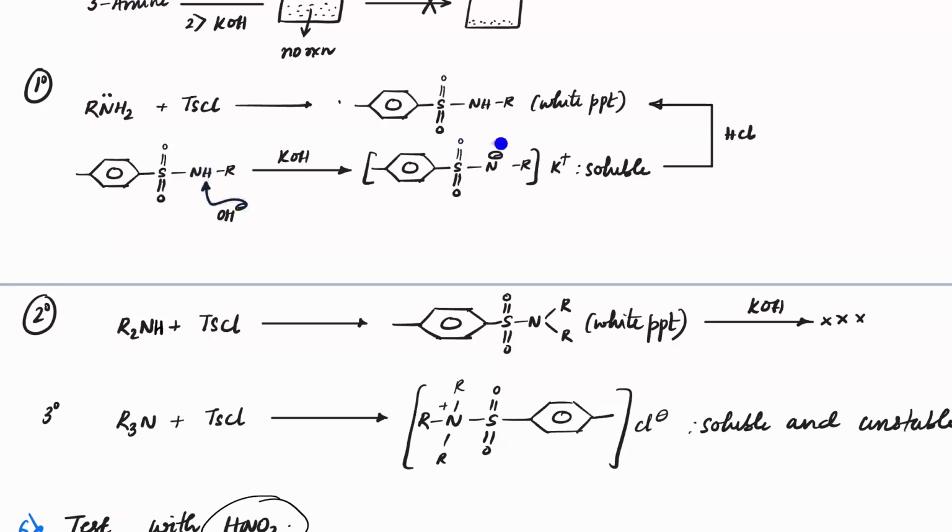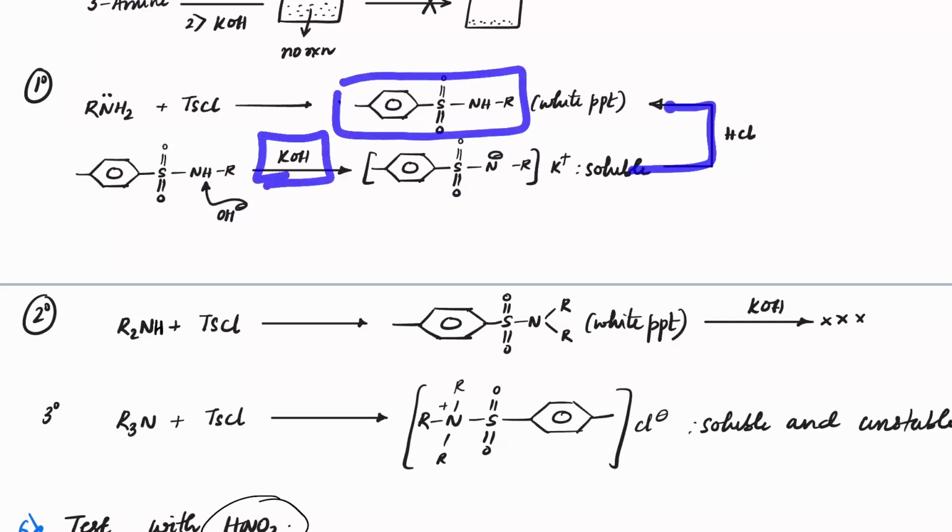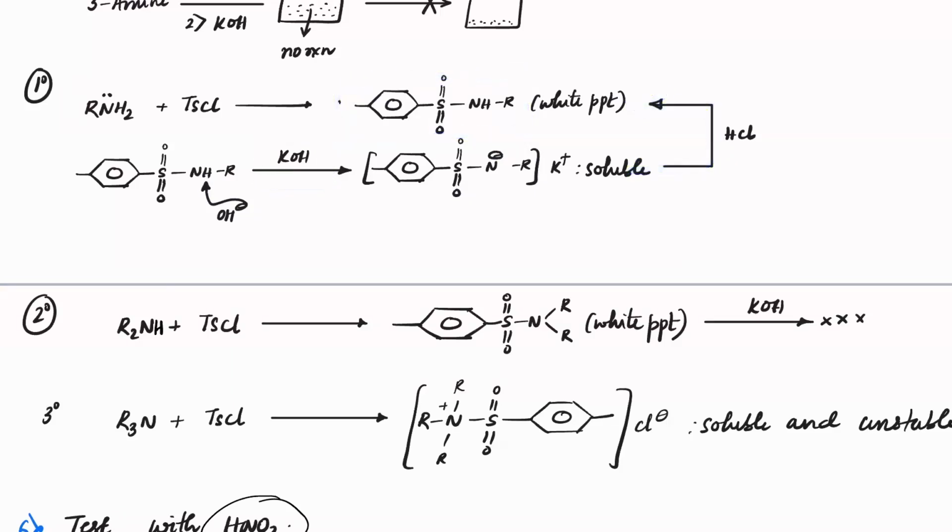You will get a negative charge on it, and K plus. So this becomes a soluble form. That is the reason why this salt gets dissolved. And again, when you add HCl, it will regain the same structure and become a white PPT. So I hope you understood the objective here, everybody. First you make a white PPT, dissolve that in KOH, and again regain that same white PPT. This is what happens in 1 degree amine.